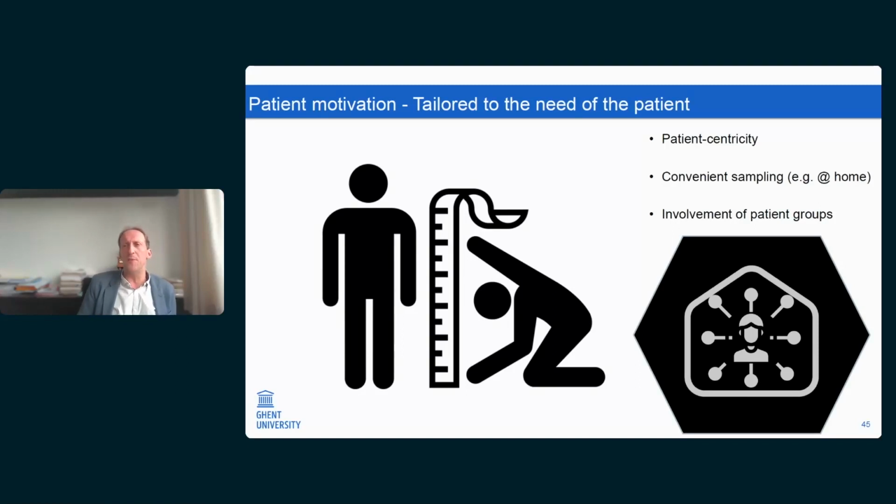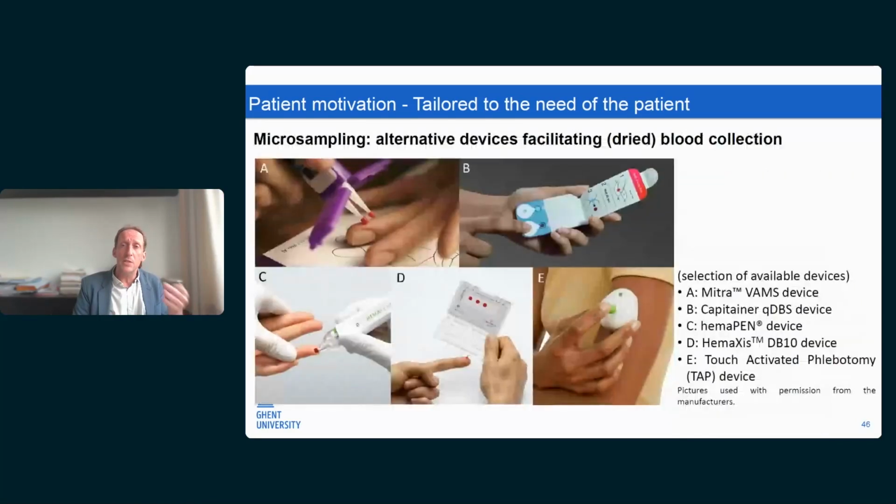We should listen to the patient, and also involve patient groups, and those patient groups telling us, no, this is what you thought of in your lab environment, and that's just simply not realistic. This is what's realistic for this patient group, and this is what's relevant for this patient group. So we should really open up to those and listen to those.